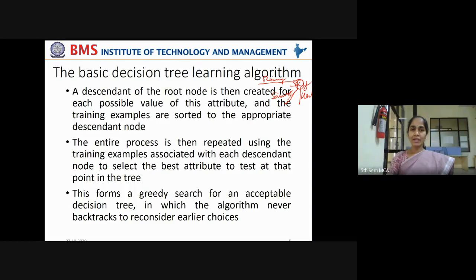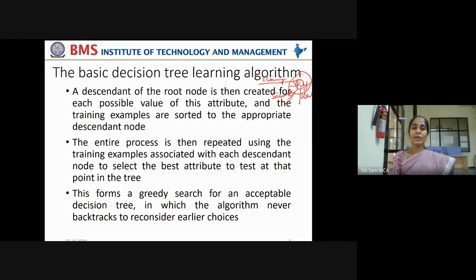So a descendant is created for each possible value of the attribute selected at the root node. Here the attribute we have selected is the sky condition, and you have three possible values for that sky attribute. That is why it is branching into three different subtrees. Now it is the next attribute's value that determines whether the tree can be extended or whether that itself can be the leaf node.